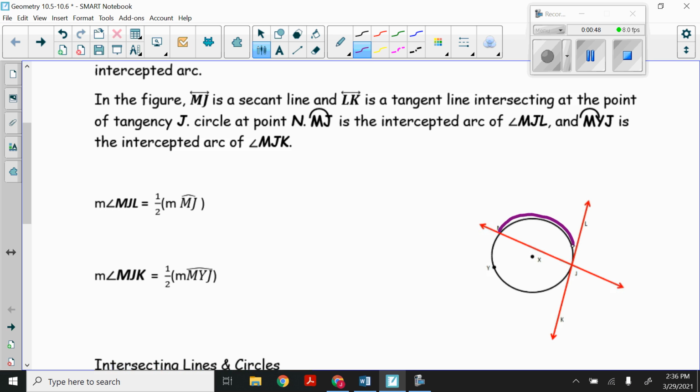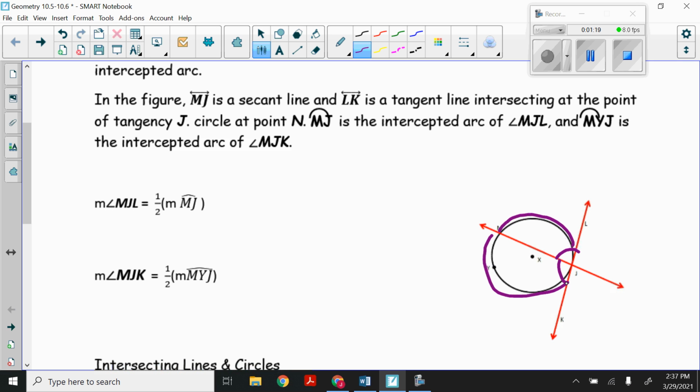I have angle MJL, and arc MYJ is the intercepted arc of angle MJK. So the measure of angle MJL is half the measure of arc MJ. The measure of angle MJK is half the measure of arc MYJ. So this is exactly like what we were doing yesterday.